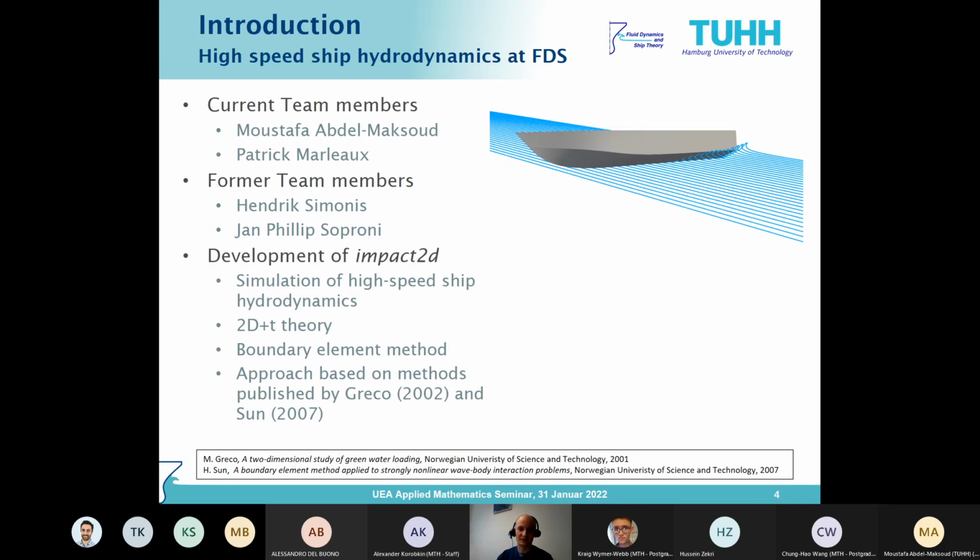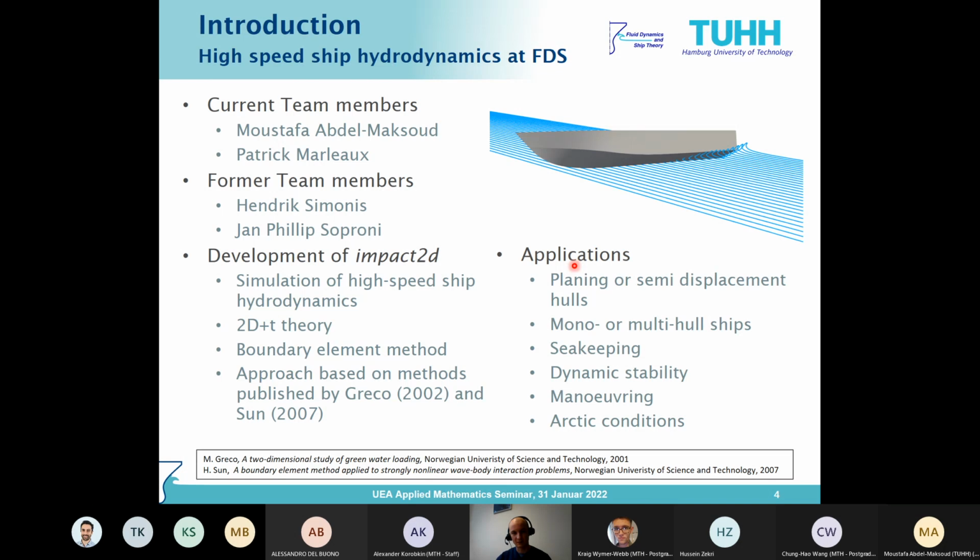Our main task is the development of Impact 2D, which is a simulation tool for high-speed ship hydrodynamics. It is based on 2D+t theory, and it uses a boundary element method as a flow solver. This kind of approach is based on methods which were published by Marilena Greco and TUHH Sun, so we are inspired by those publications.